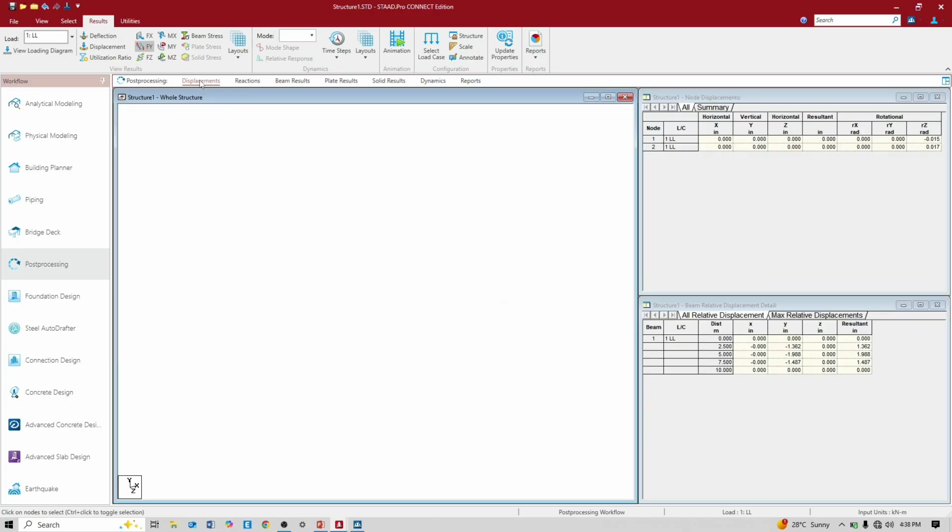See displacement. At 5 meter displacement is minus 1.9 inches.